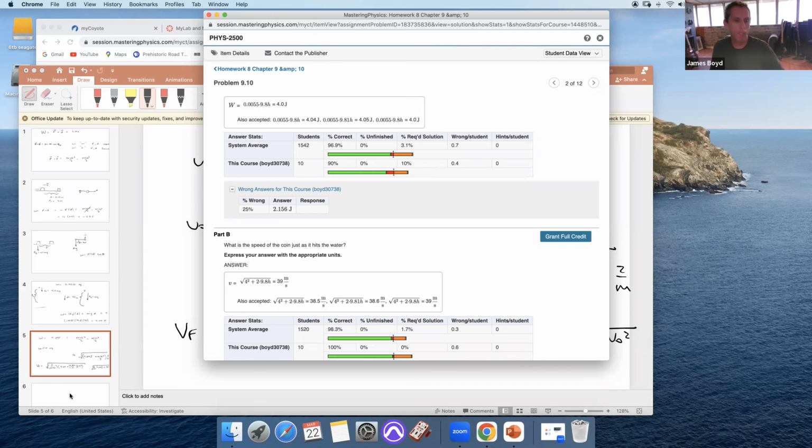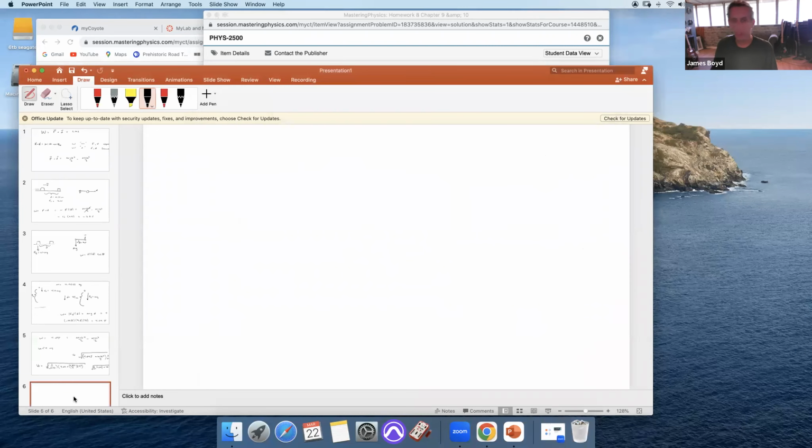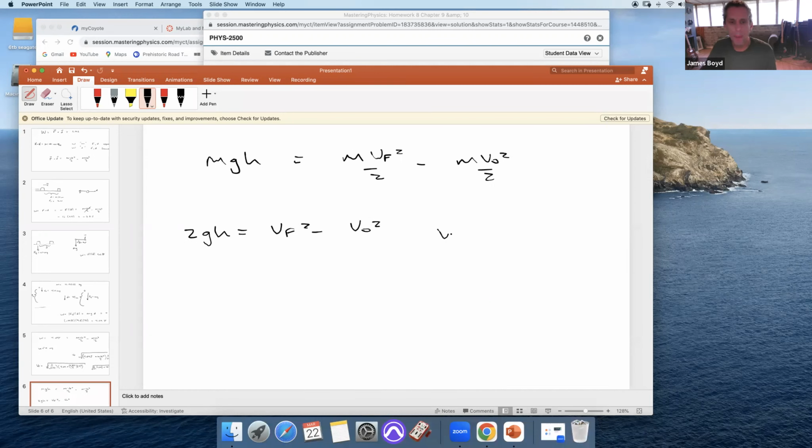So let's go back for a minute. The work was mgh, and that is m v final squared over 2 minus m v initial squared over 2, multiplied through by 2 over m, and you get 2gh equals v final squared minus v initial squared. Or v final is the square root of v initial squared plus 2gh.